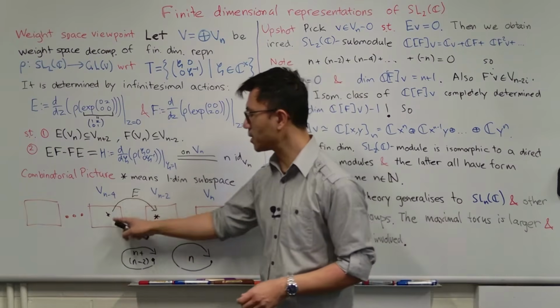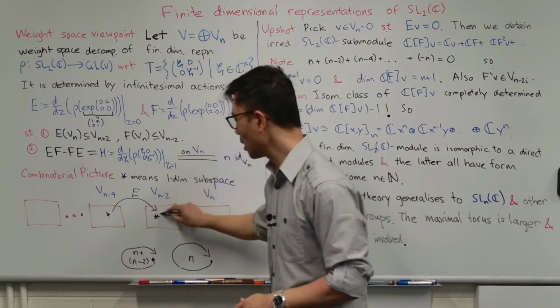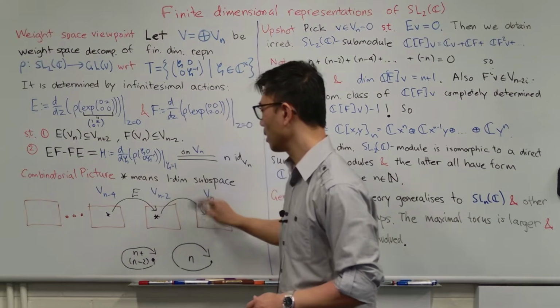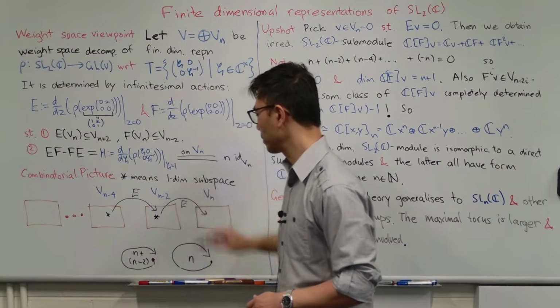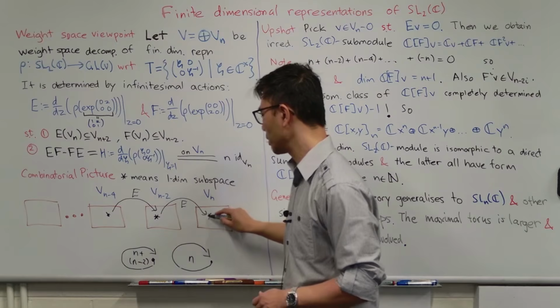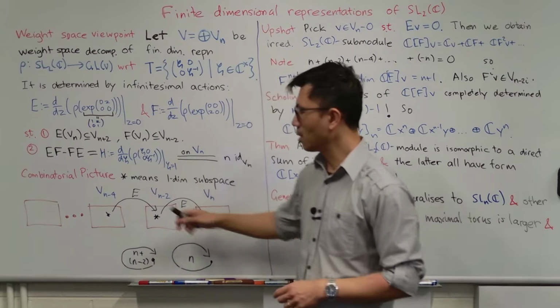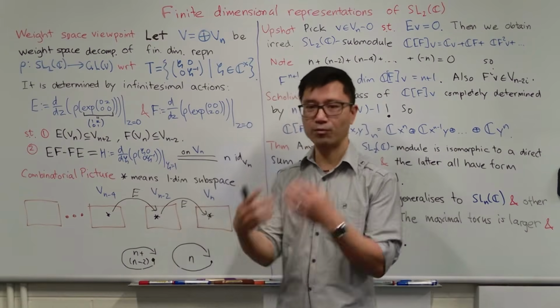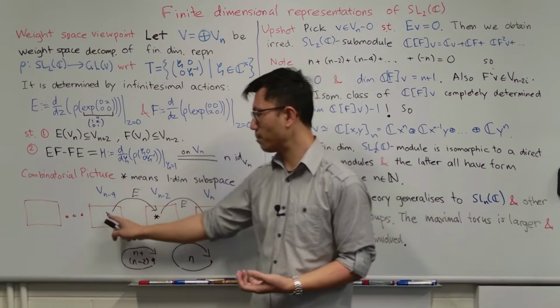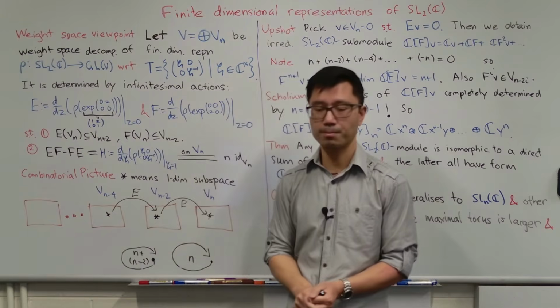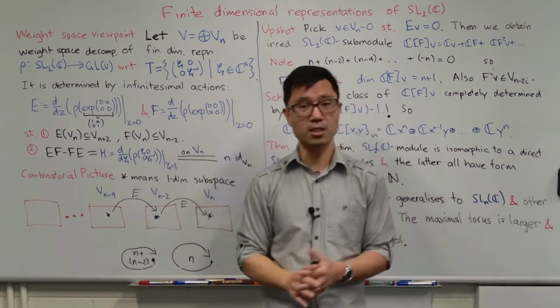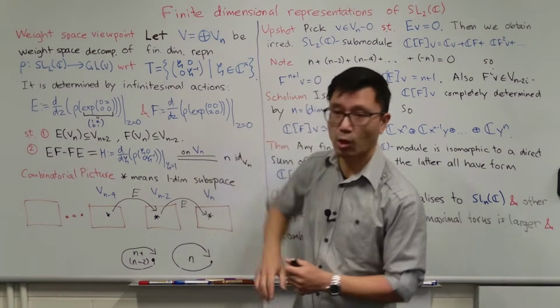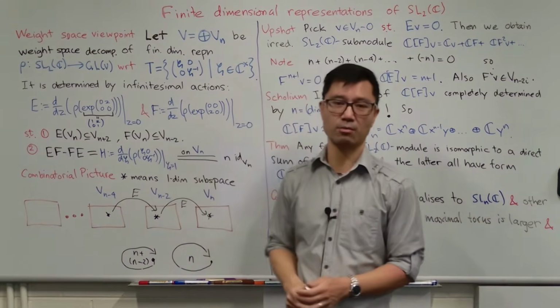Okay, let's keep going. Let's hit it with another E. Now you map over here with another E, and let's suppose that that's also one-dimensional. So you can keep hitting with E, and all of those vectors have to be inside your submodule generated by this one-dimensional subspace. But this is a finite dimensional vector space, and so these weight spaces don't go on forever. So at some stage you have to get zero.